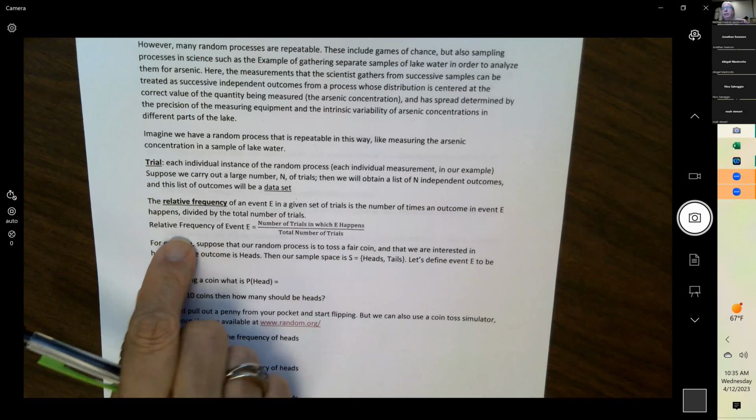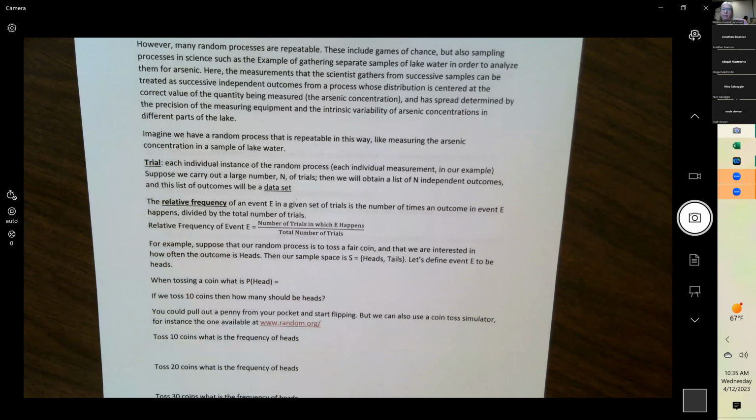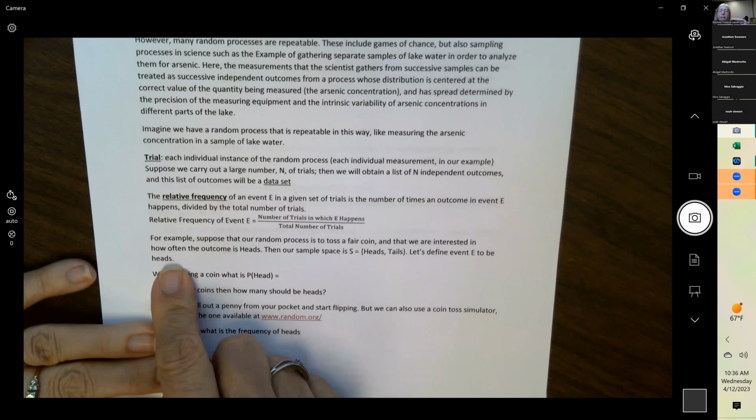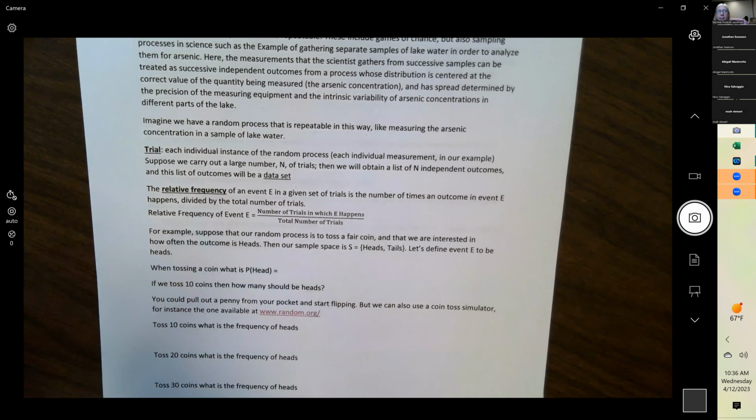So frequency is how many times it's there. Relative frequency is making it a decimal. So relative frequency is the decimal or the percent, where frequency is how many times it occurred.